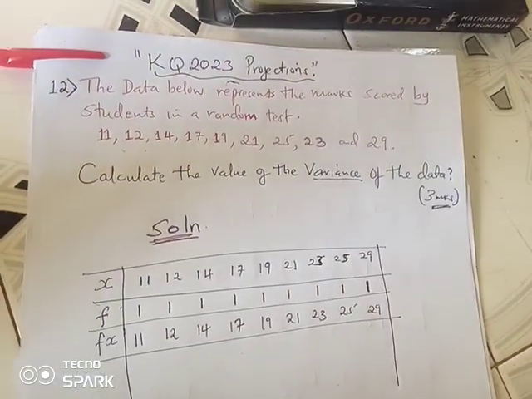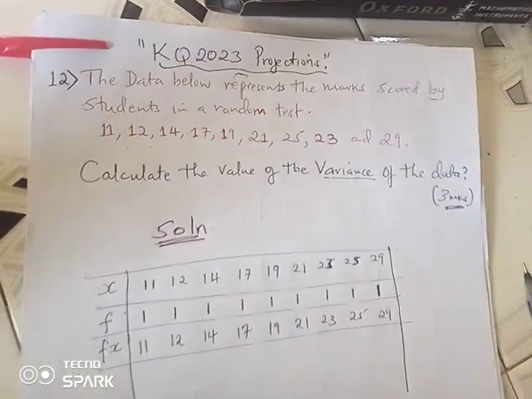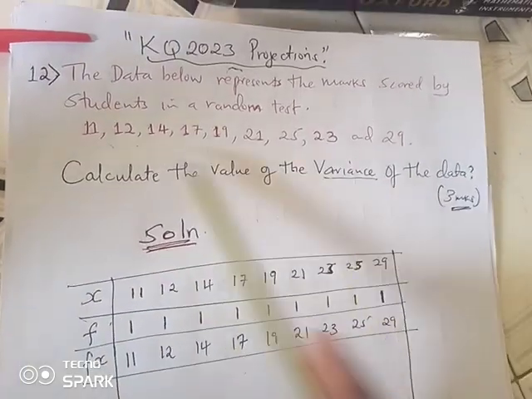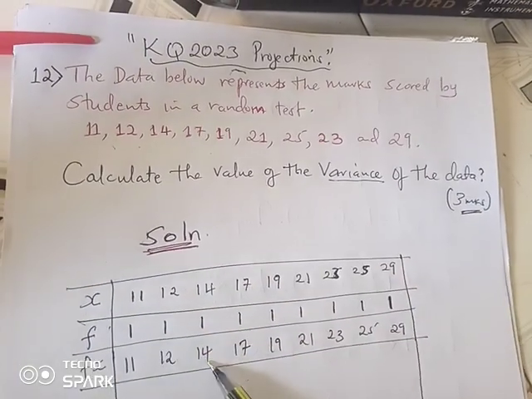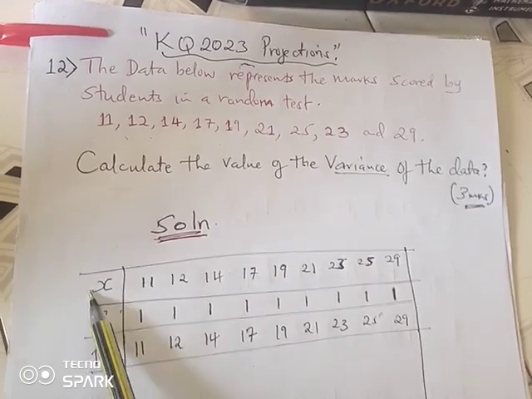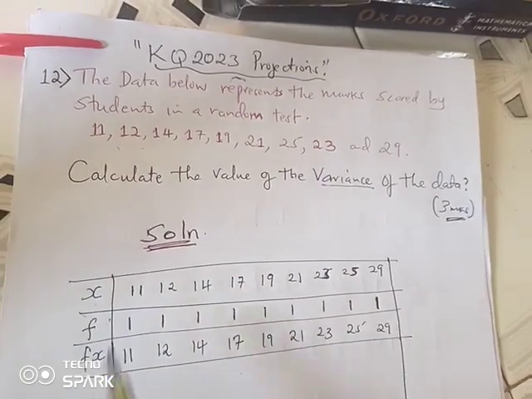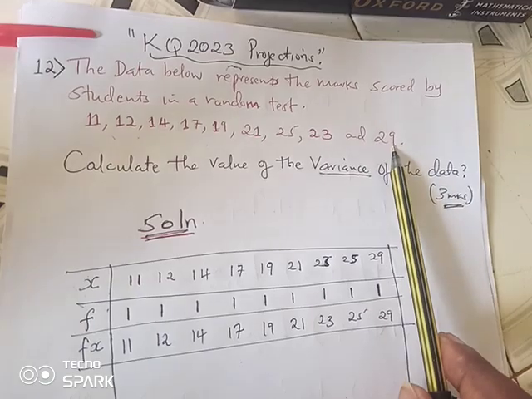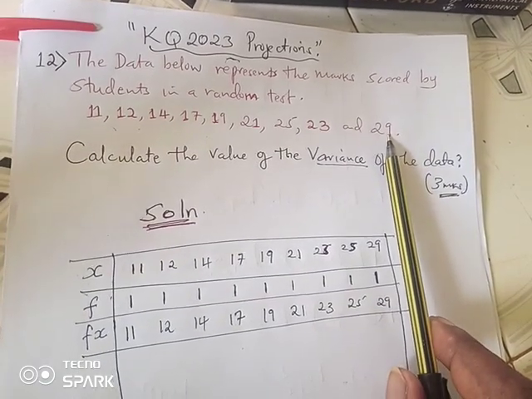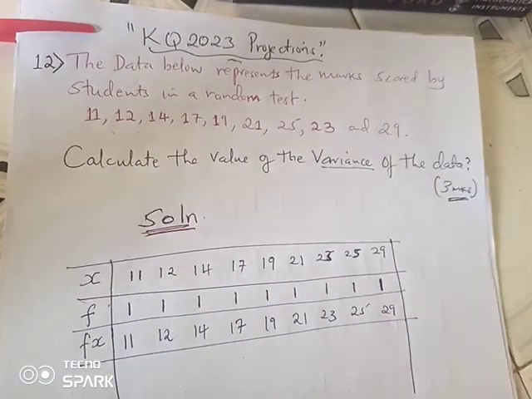So under step 1, under solution, I would want us to fix this data on a simple diagram or table, where our first column or row will have the x, the marks scored by the students.